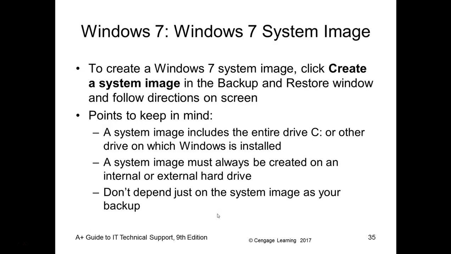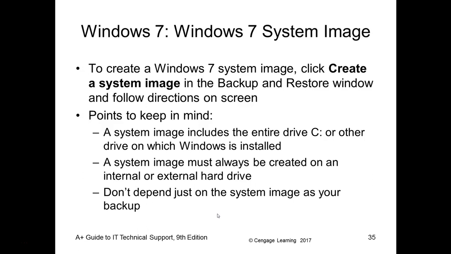Okay, so you can also do it using the GUI interface by clicking on that create system image that we looked at a few minutes ago. Some points to keep in mind: it does include the entire C drive or any other drives that are on Windows that are installed. It has to always be created on an internal or external hard drive.